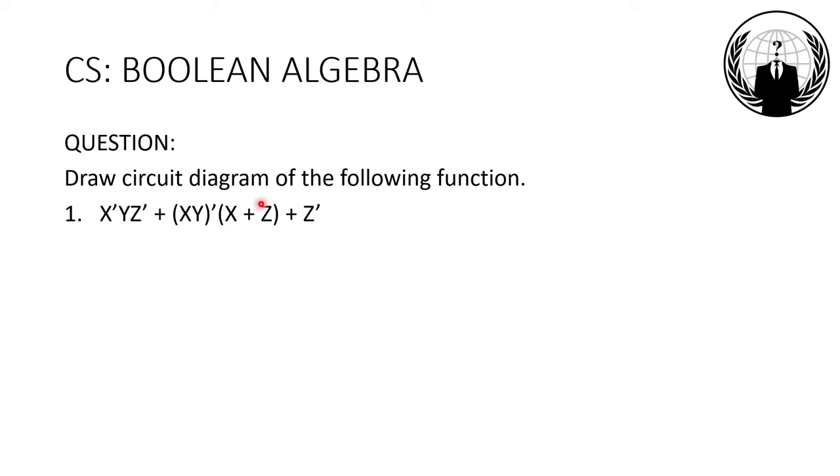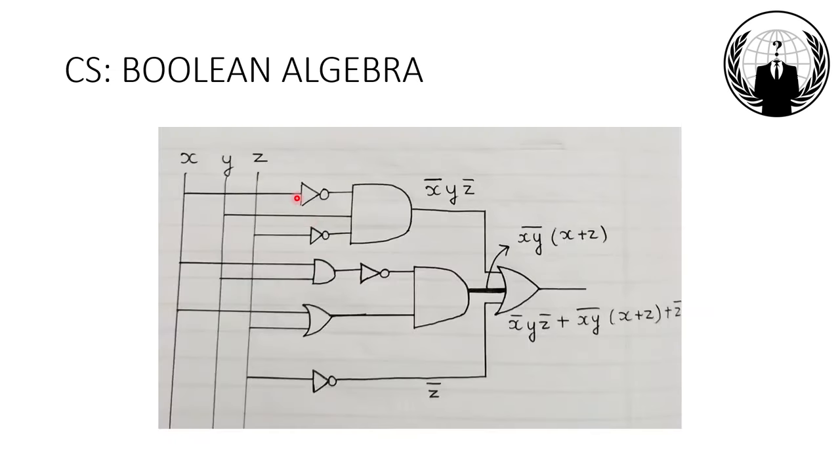Now here is the question: draw a circuit diagram of the given Boolean function, which is x complement y into z complement plus x into y whole complement into x plus z complement. So here is the circuit diagram of the given Boolean function. First of all, we identify the number of literals used in the function, which in this case is 3: x, y, and z.